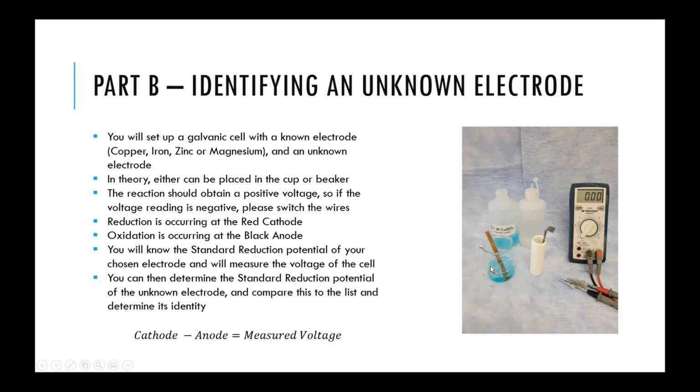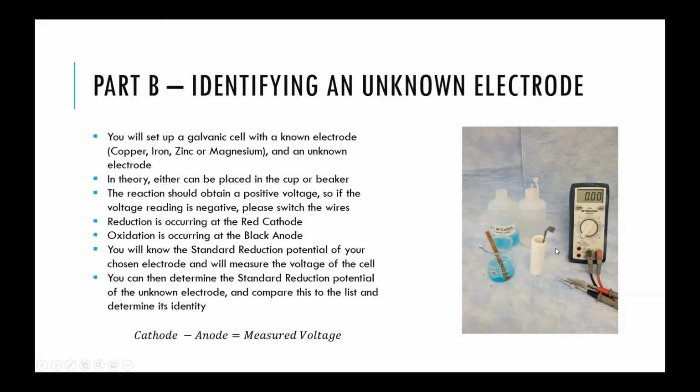So you'll be placing the known electrode in one and the unknown metal electrode with its solution in the other, connecting these together and then measuring the voltage. Since the known electrode does have a known standard reduction potential, and you're measuring the actual voltage of this combination, you can determine what the other standard reduction potential is for this unknown electrode.